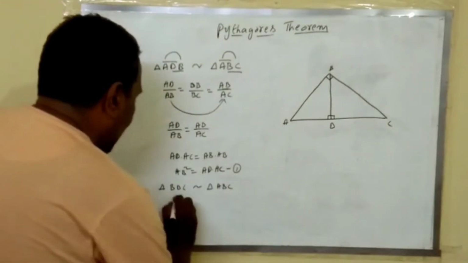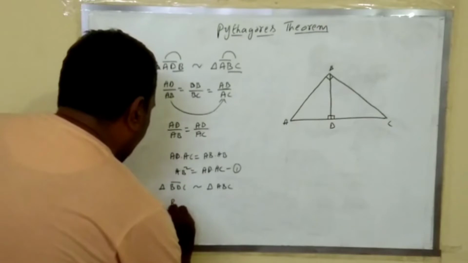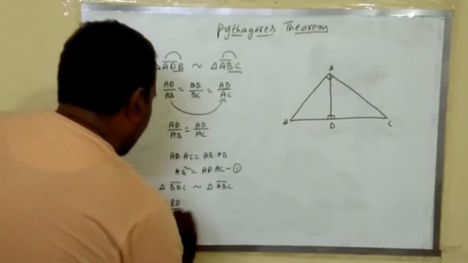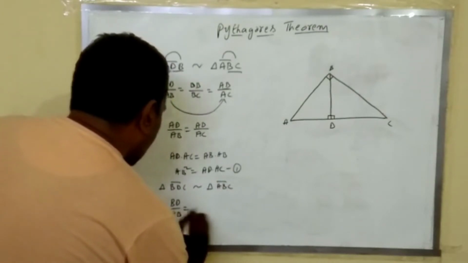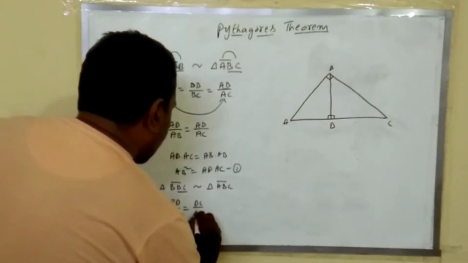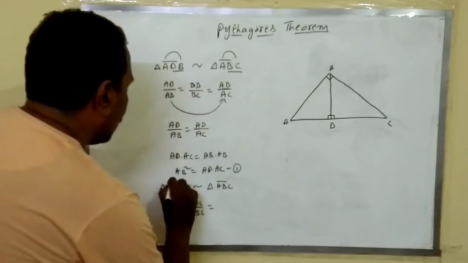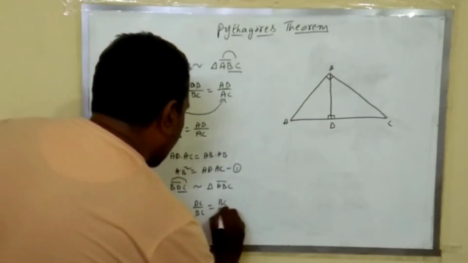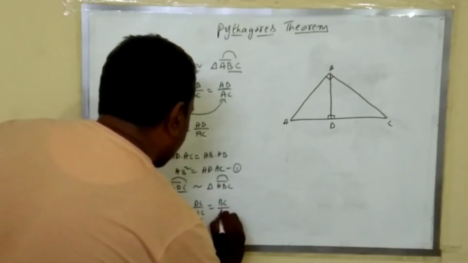Okay, now as usual, BD by AB is equal to DC by BC is equal to BC by AC.